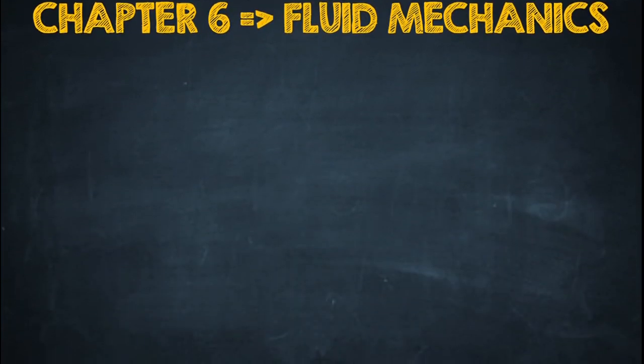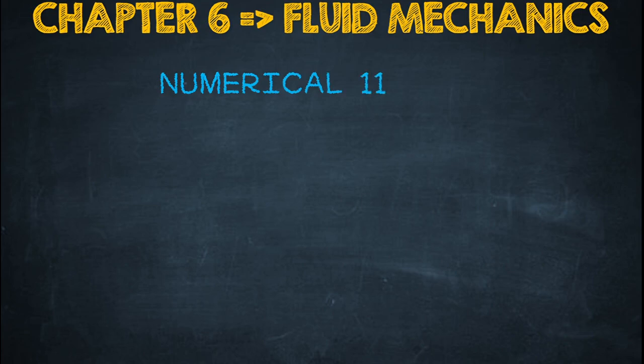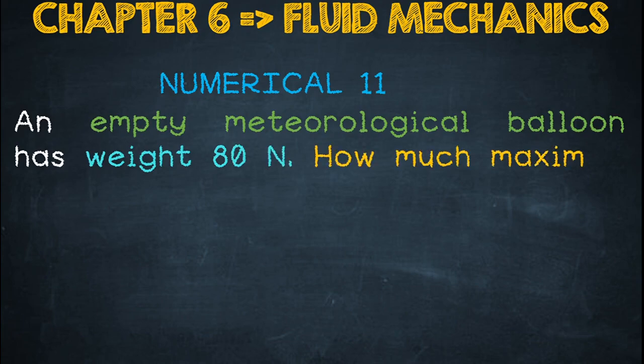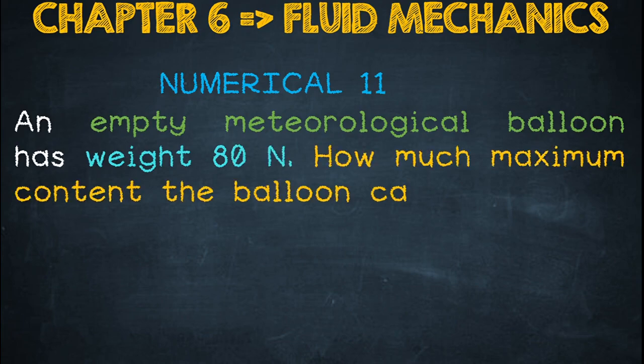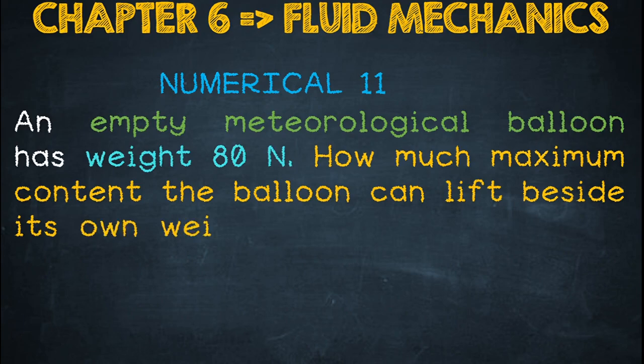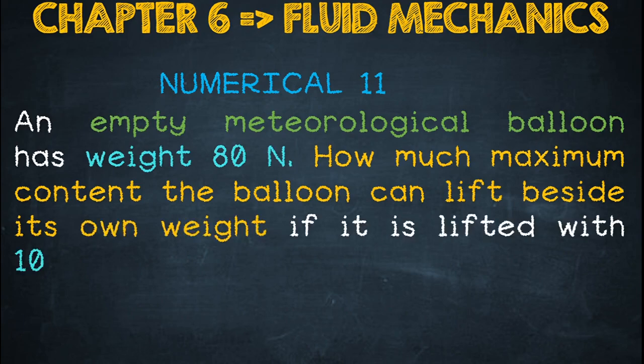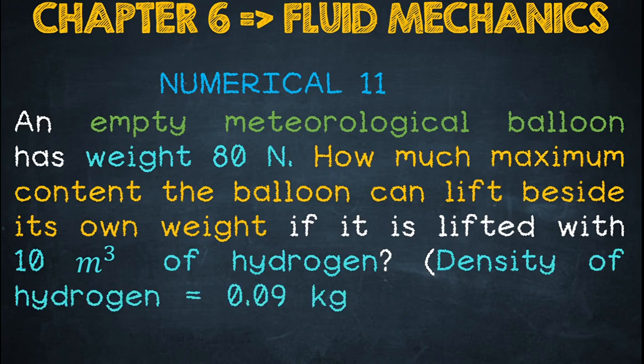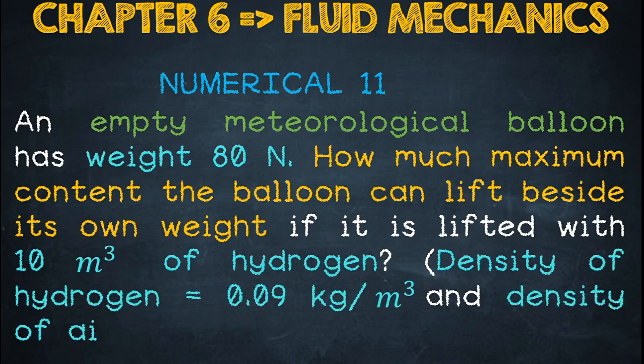Similar to assignment 6.1 is the numerical number 11 in your exercise, the statement of which is: an empty meteorological balloon has weight of 80 Newton. How much maximum content the balloon can lift beside its own weight if it is filled with 10 meter cube of hydrogen? Density of hydrogen is equal to 0.09 kilogram per meter cube, and density of air is equal to 1.3 kilogram per meter cube.